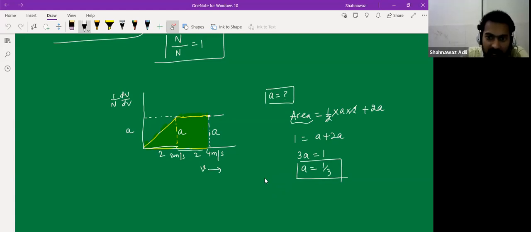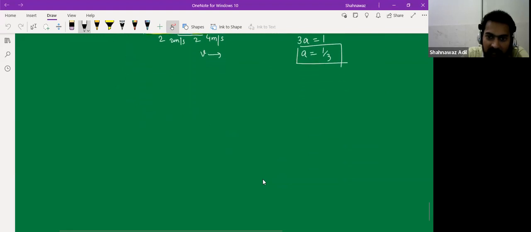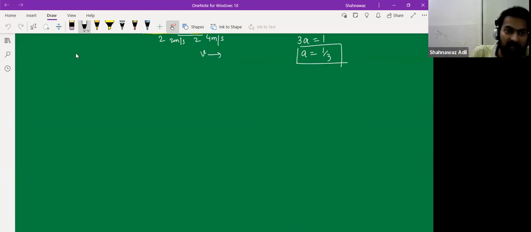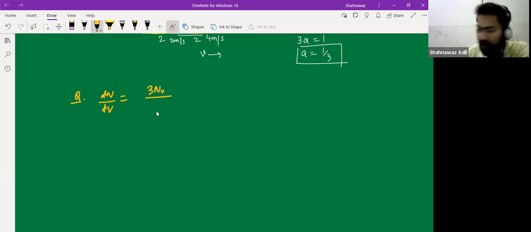Okay, so let me do one problem that I wanted to do. I will give it to you guys, please try. So you have dn by dv equals 3n naught by V naught cube, times v square.